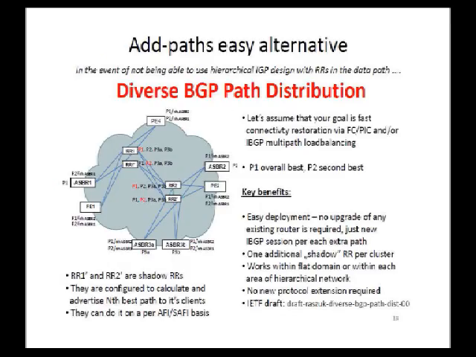Now there is an alternative solution to distributing more than a best path. Imagine the case where, for example, for your application, you want to send a second best path, just for fast convergence, for fast connectivity restoration.